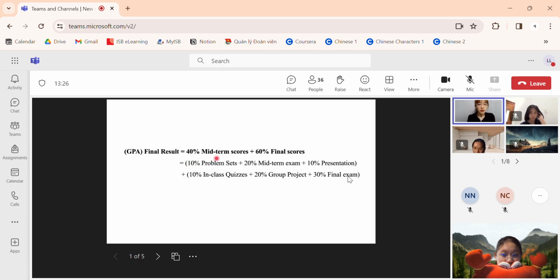All right, so for the midterm score, that would be problem set. I know all of you understand problem set because this is kind of your exercise at home. And the deadline for the problem set is very clear on e-learning. So I just need you to keep up with the deadline and finish the problem set on time.